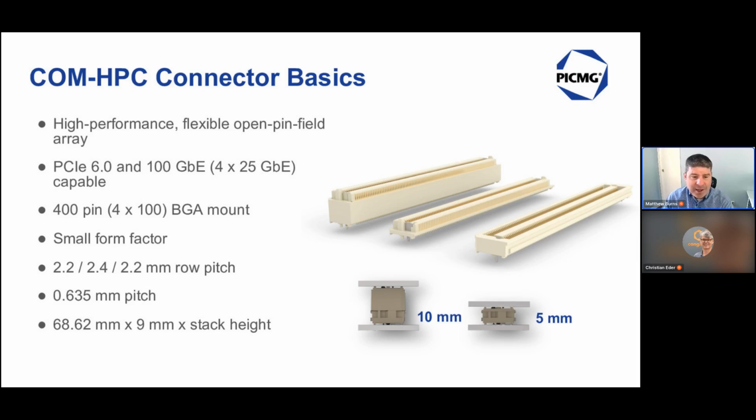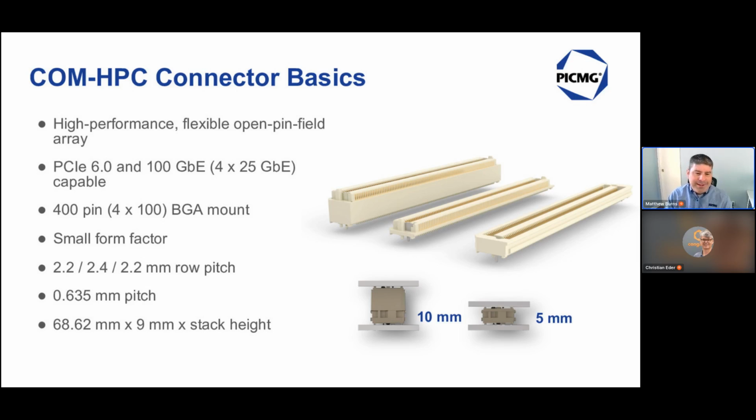The design of this connector started 5 years ago, and we were targeting PCIe 5, but as work on COM-HPC progressed from when it was originally released in 2021 to where we're at now, it became evident that there's a PCIe 6.0, or Gen 6, performance requirement of 64 gigabit per second PAM4. And we'll talk about that in just a moment.